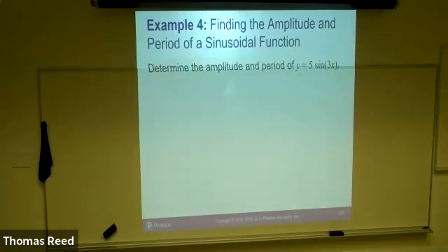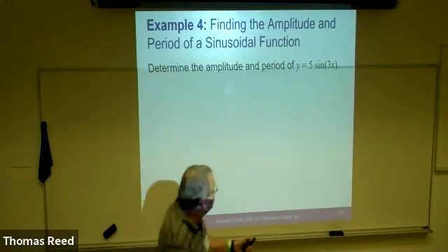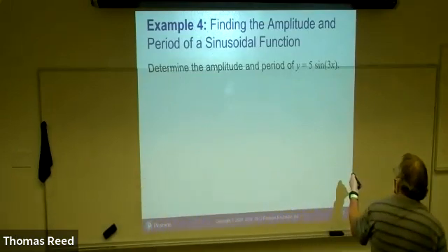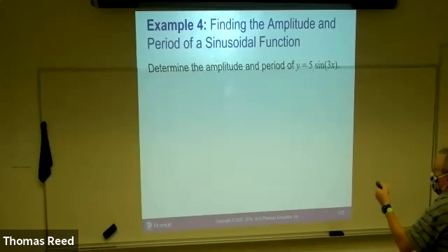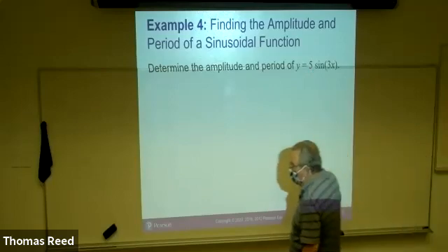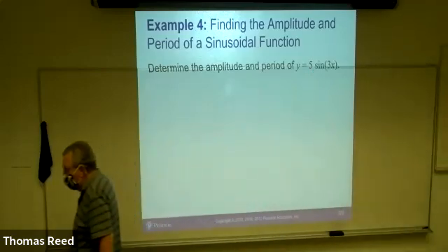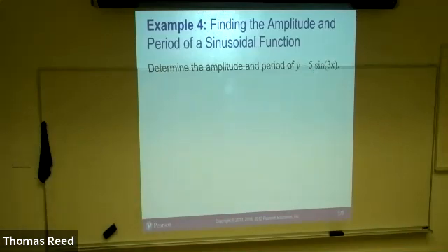So the amplitude is the absolute value of the coefficient of the sine. So that's going to be 5. So the amplitude is 5, and the period is 2 pi divided by what x is being multiplied by. X is being multiplied by, what is that, a 3?